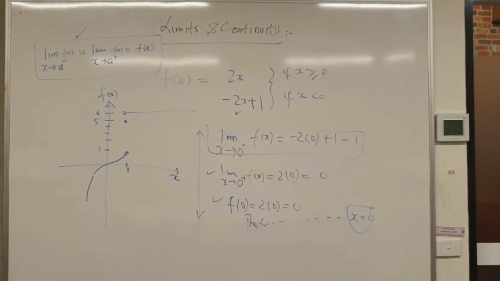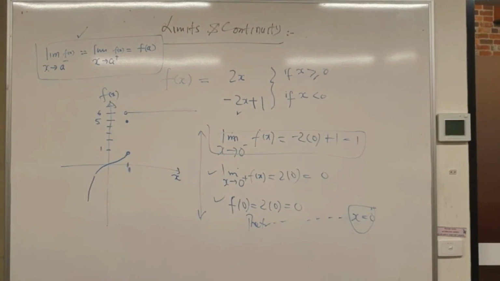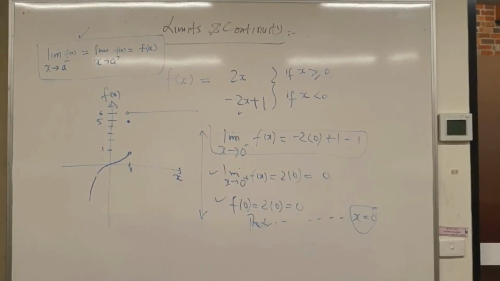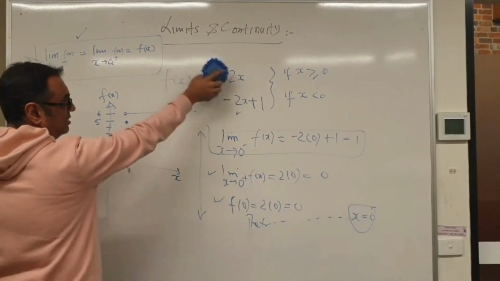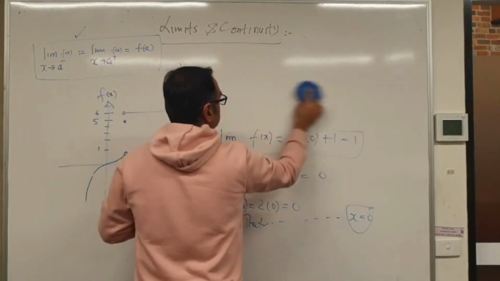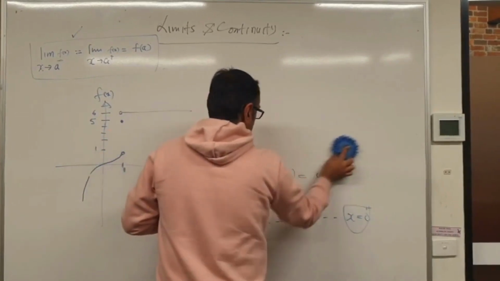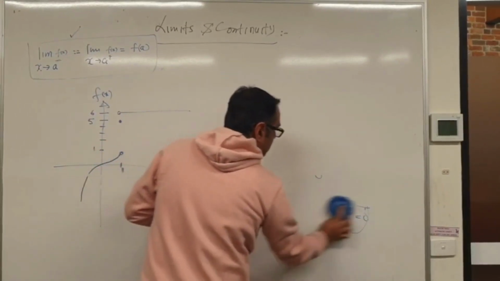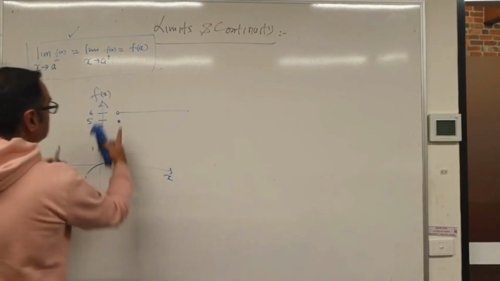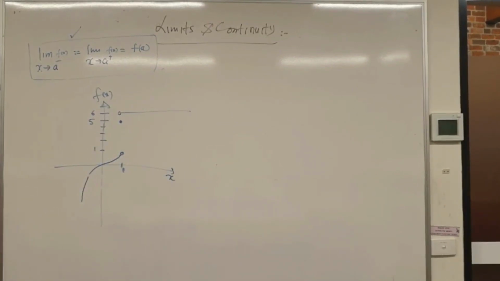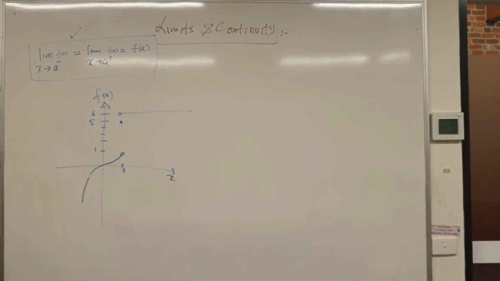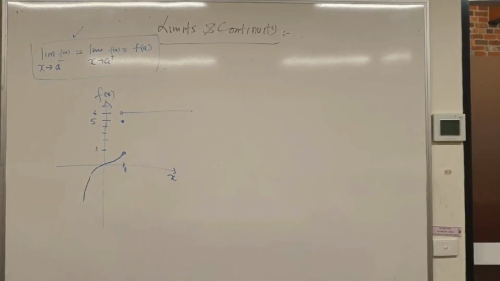Alright, let's do a graph question quickly. The question that we did now was the algebraic form of the question on limits. You can also do a very similar kind of question where you are just given a graph, for example this. I'll draw one.